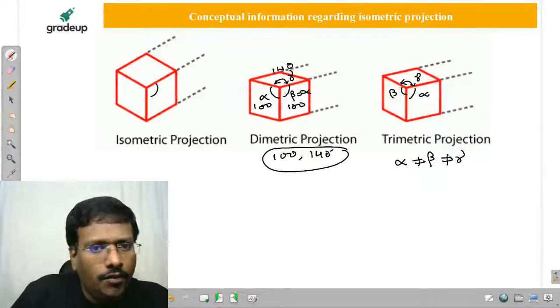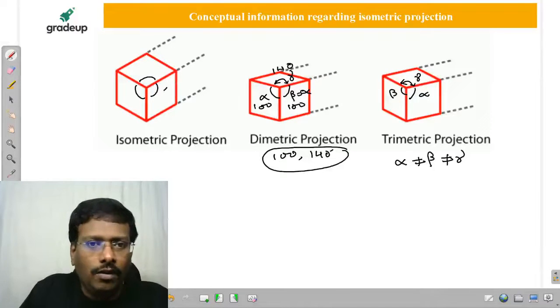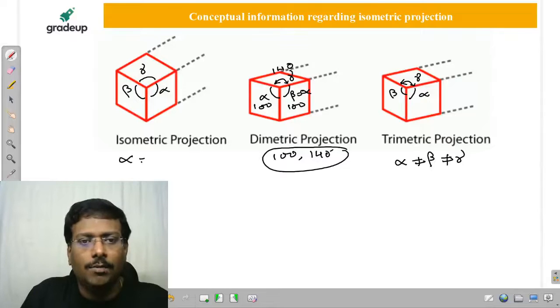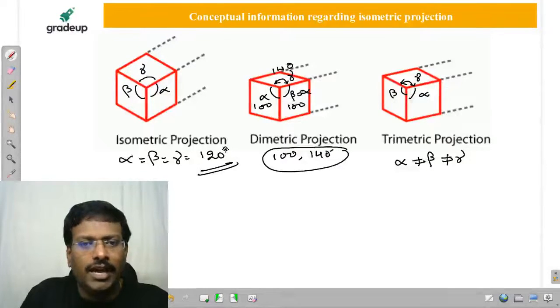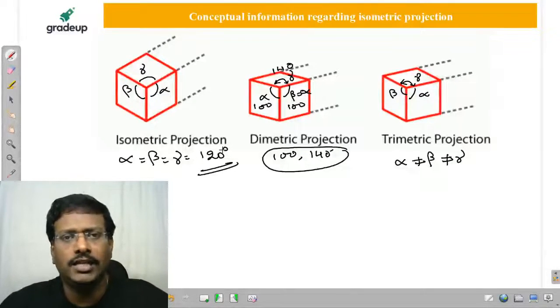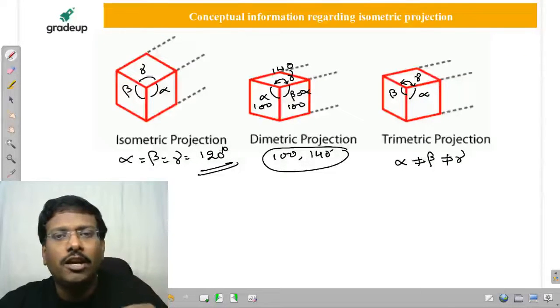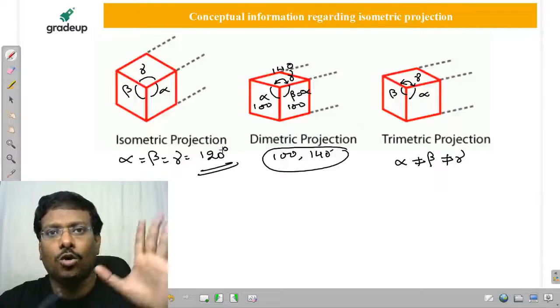What about here? If you observe this, all these three angles are the same: alpha, beta, gamma. Alpha is equal to beta is equal to gamma, and there is only one possibility, that is going to be 120 degrees. That's why isometric means the same measurement of angle in the shadow.